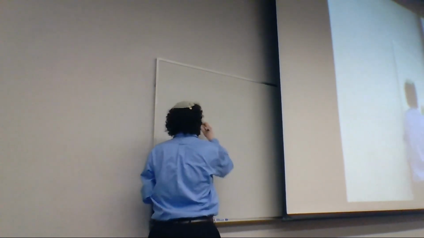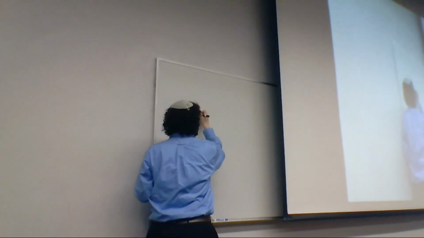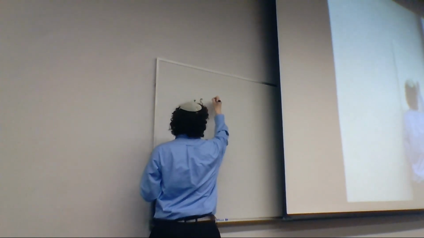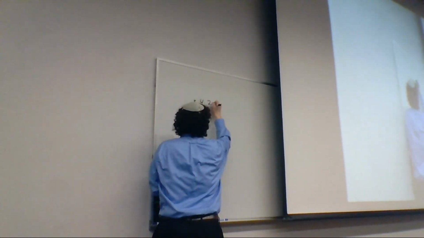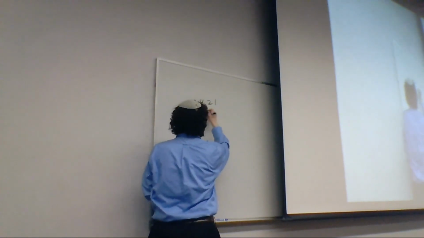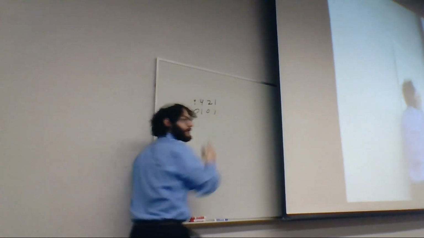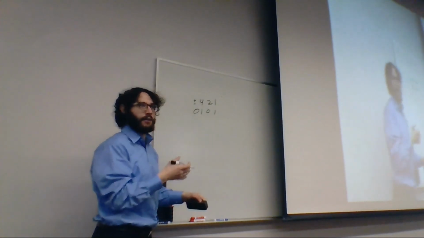So let's deal with 3-bit numbers right now. We've got the positive-minus place, and then we've got the 4s place, the 2s place, and the 1s place, right? So this number, for instance, is 5, because 4 plus 1 is equal to 5. This is the binary number 5.